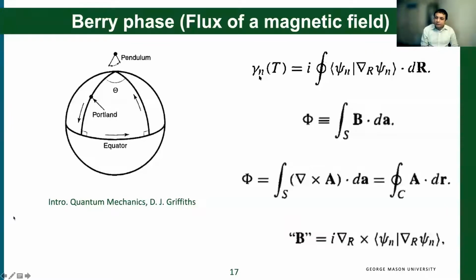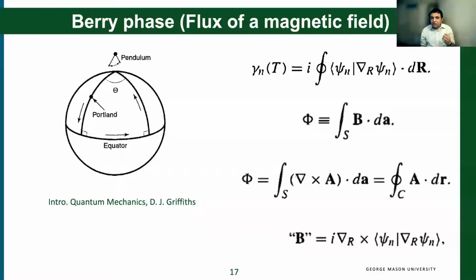That angle that the electron acquires by moving through these spin textures is called the Berry phase, and then Berry phase is equivalent to the flux of a magnetic field. So whenever an electron moves through these types of textures, the electron picks up a phase, and when the phase is picked up, the electron feels a fictitious magnetic field inside the material.